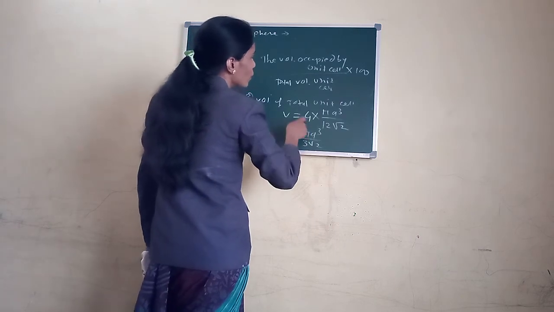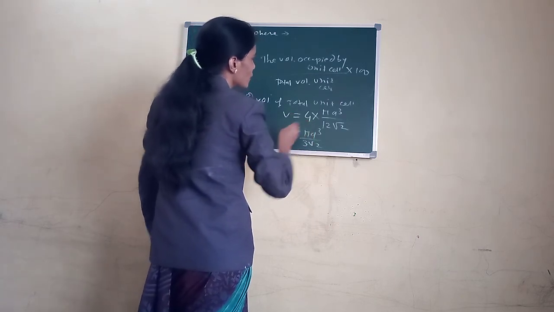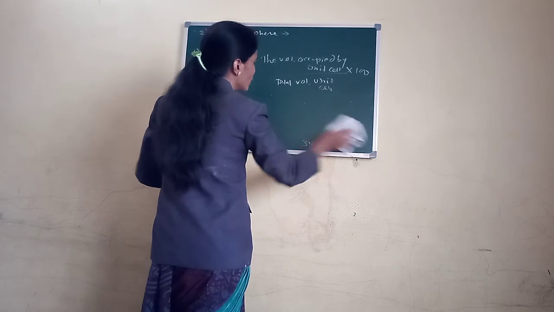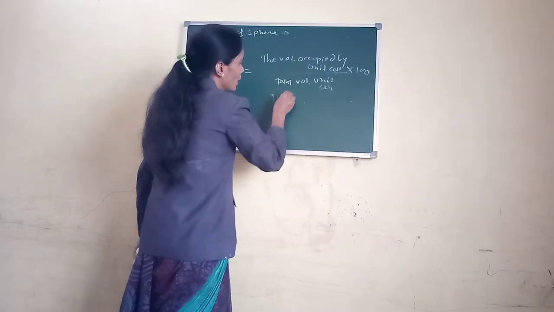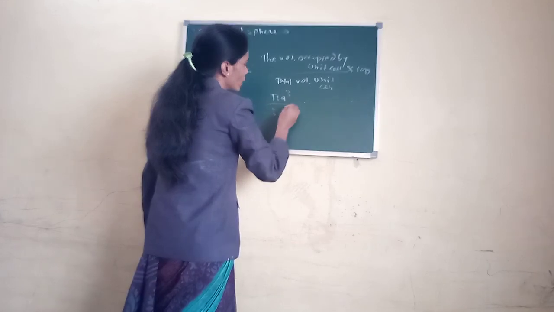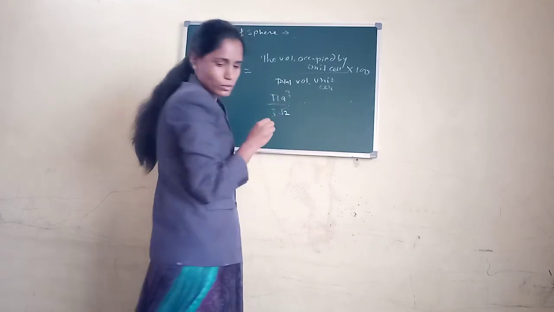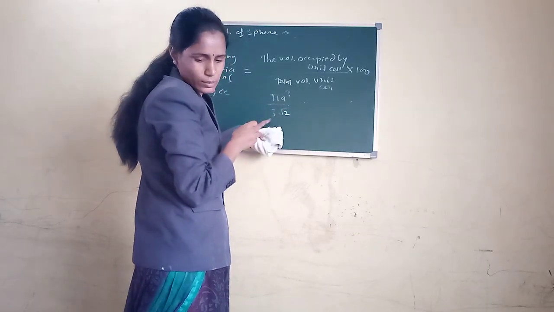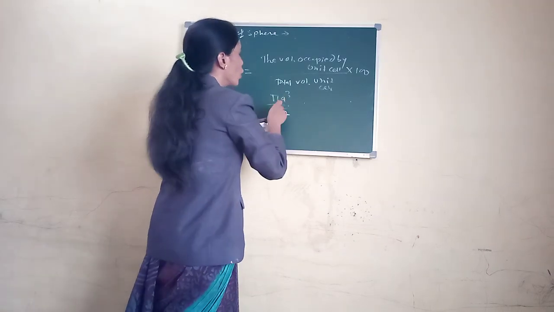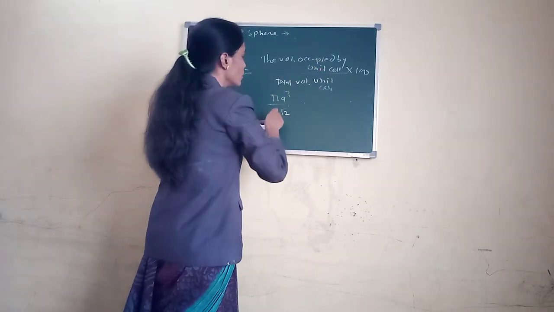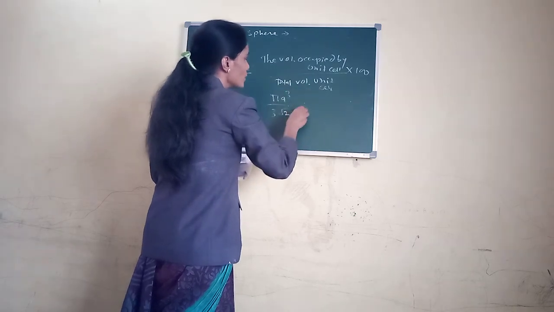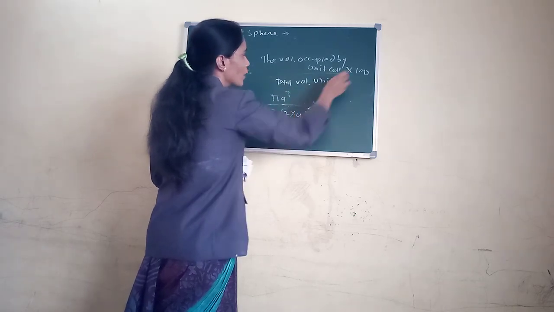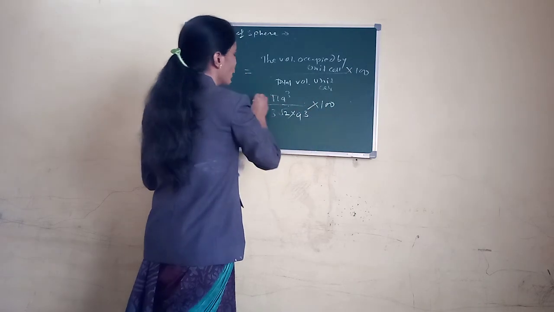The volume occupied is pi A cube upon 3 root 2, and the total volume is A cube, again into 100.